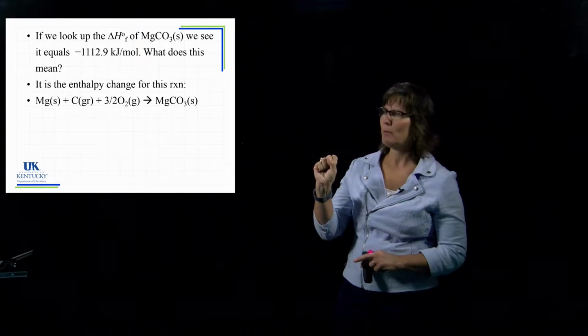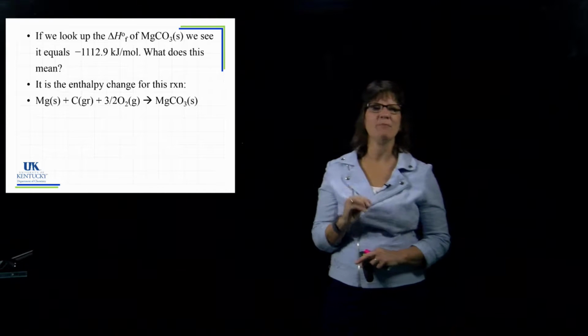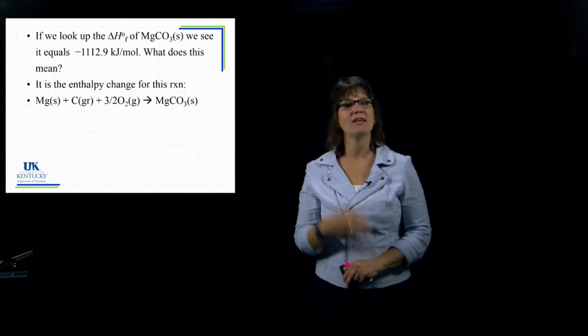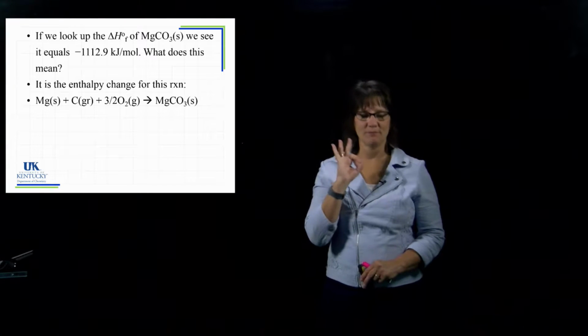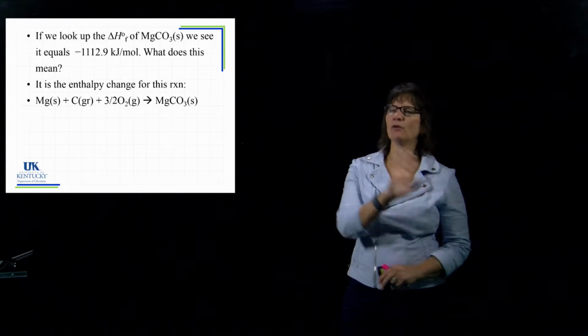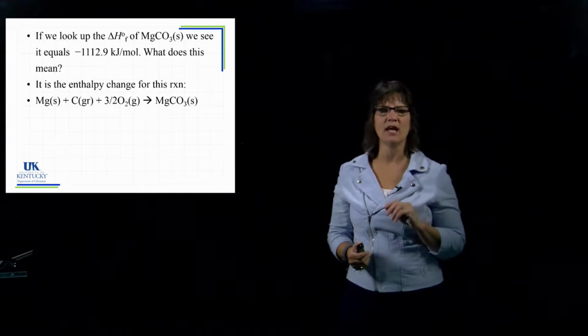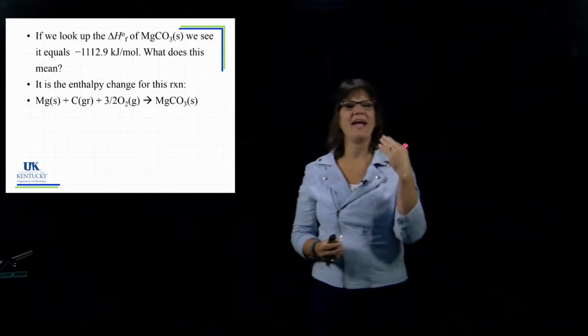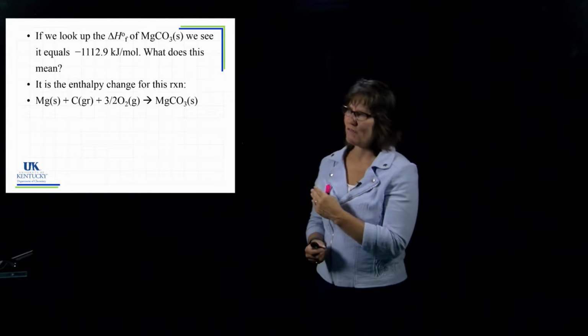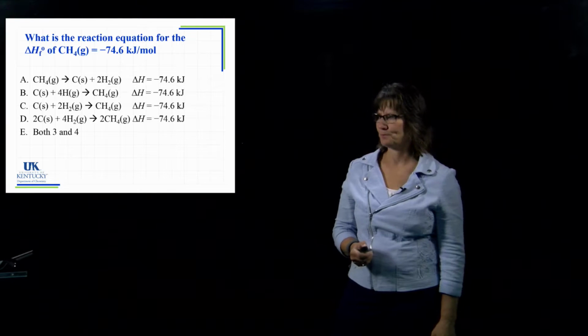We don't want to balance it with the lowest whole numbers. We want to balance it keeping the 1 mole on the right-hand side because of the definition. It is, by definition, making 1 mole of the compound from its elements. Okay, so any substance in there, when they give you a delta H of formation, it's for a very specific reaction, which we see being described there.